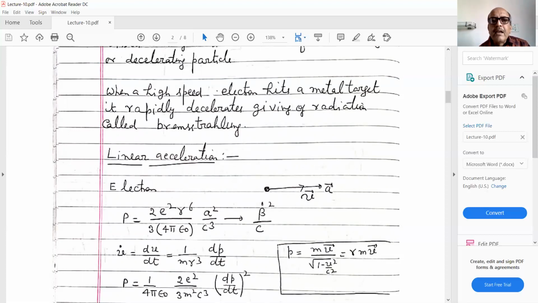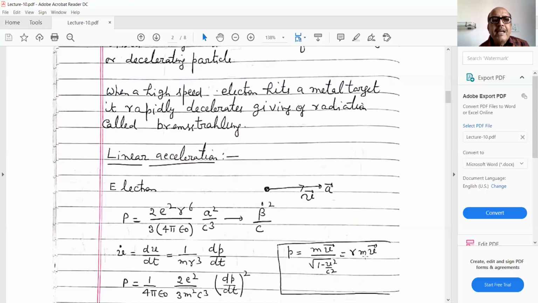If you recall the relativistic formula for the momentum, p is equal to m0 v. In fact, the formula is normally written as gamma into m into v, and m here should be the rest mass. Either you define this m as the rest mass, or you write it as m0, because p is equal to m into v, or gamma into m into v.